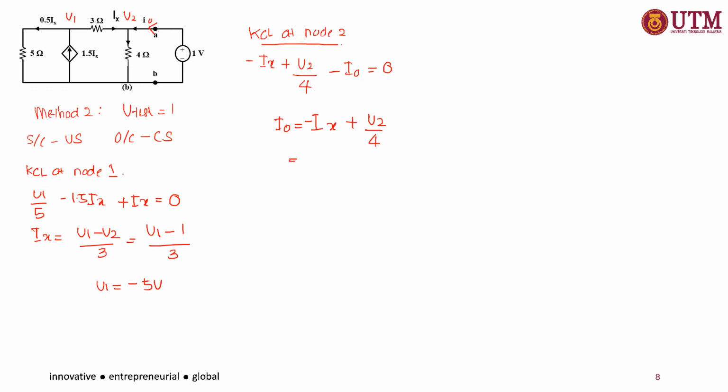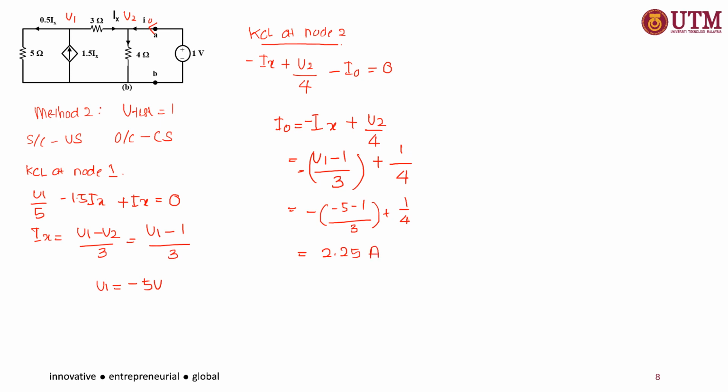So your Ix is actually equal to V1 minus 1 divided by 3, so we have a minus here, plus V2, which is actually 1 divided by 4. Okay, so here we also get our V1 is equal to negative 5. So negative of (negative 5 minus 1) divided by 3 plus 1 over 4. You will get your I naught is equal to 2.25 ampere.